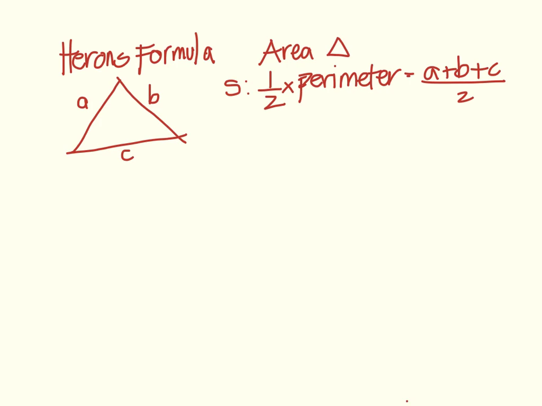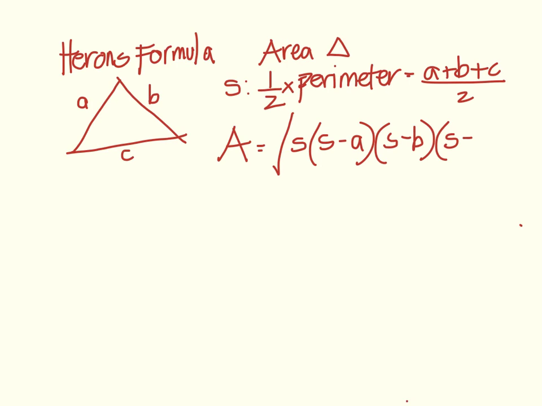which equals A plus B plus C divided by 2. Okay, and then the formula for the area is the square root of S multiplied by S minus A multiplied by S minus B multiplied by S minus C, all under the square root sign.